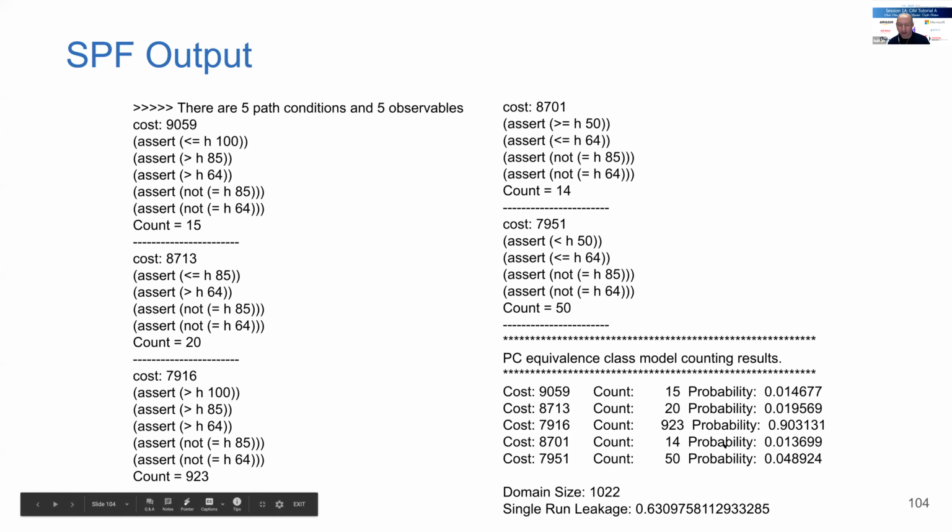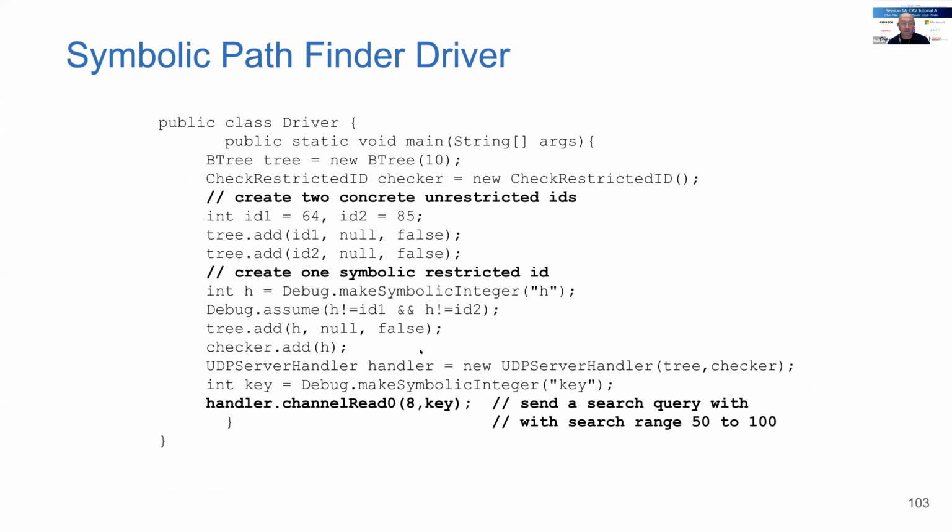We see some probabilities. One thing I'll just tell you is that the constraints could be hard to parse. But what we did is a search between 50 and 100. The search range is 50 to 100.